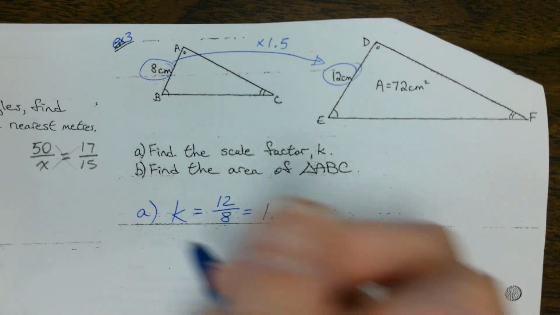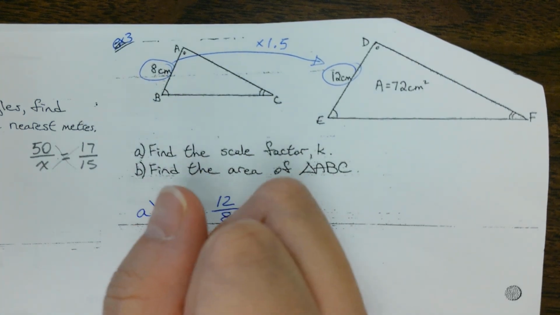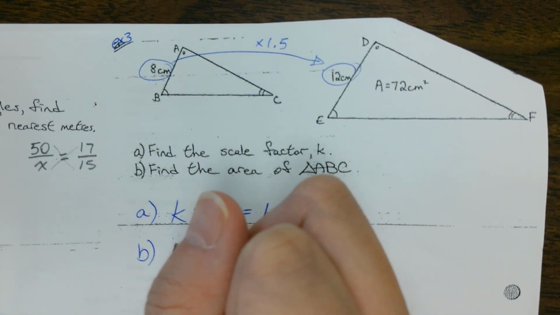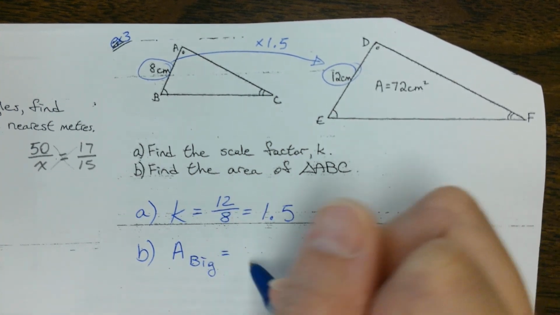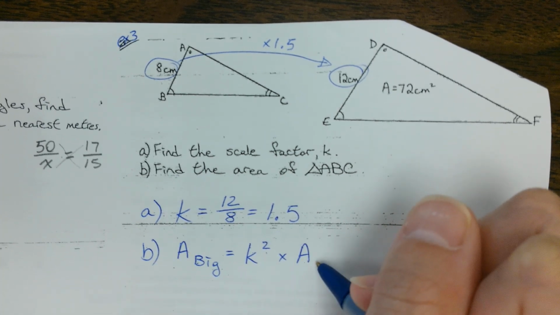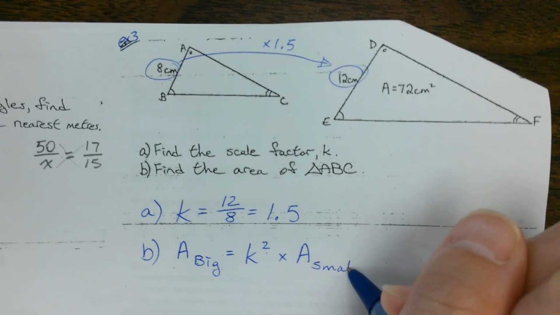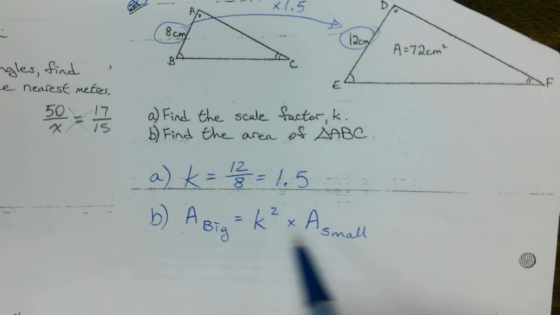And then find the area of ABC, since we know the scale factor. We're going to use our formula: area of the bigger shape equals K squared times the area of the smaller shape. So what do we know?